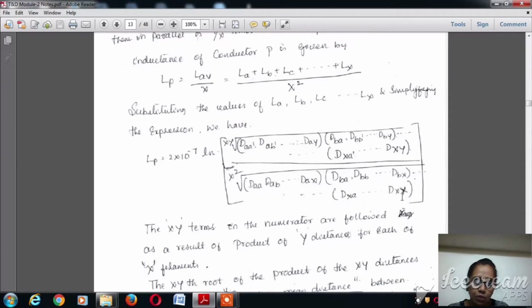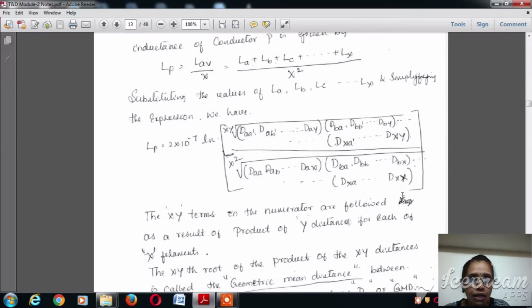Sorry, DXY. Now the xy terms in the numerator arise as a result of the product of y distances from x filaments for each of the x filaments.